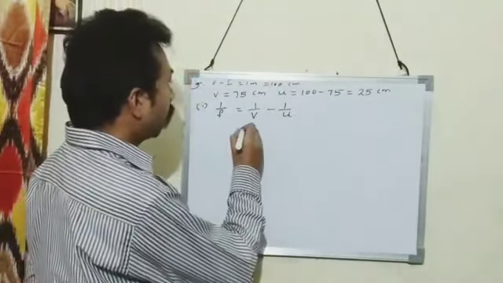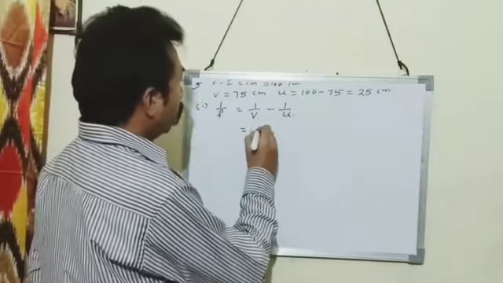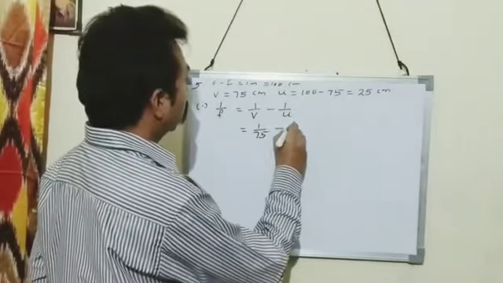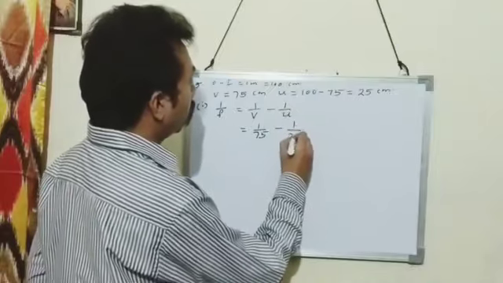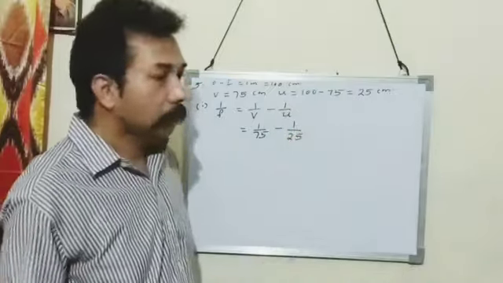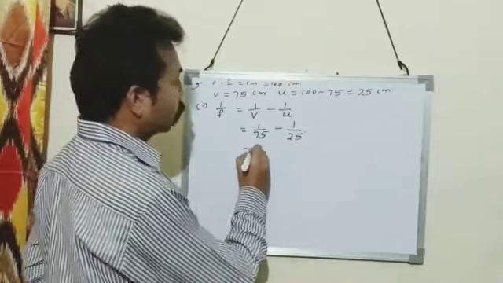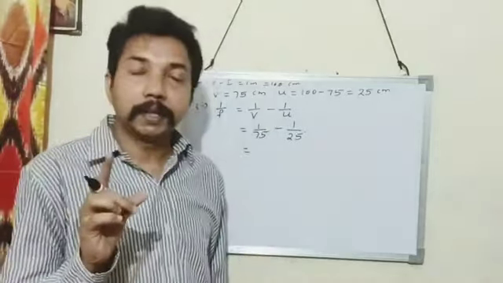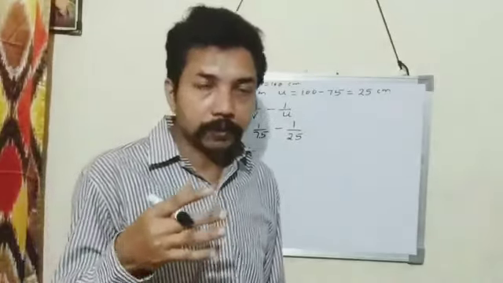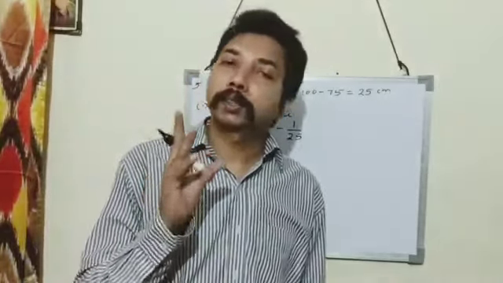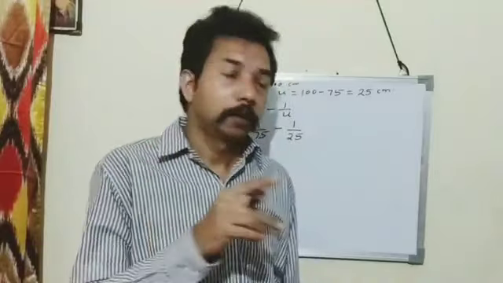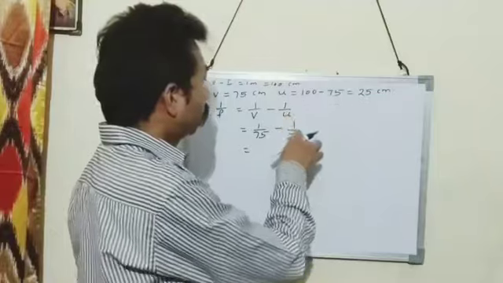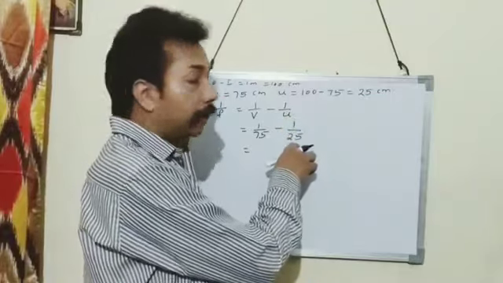Then substituting the values, v is 75 and u is 25. Now we apply the sign convention. In the case of image distance, image distance is measured in the direction of the incident ray, so for v there is a positive sign. And in the case of u there is a negative sign.